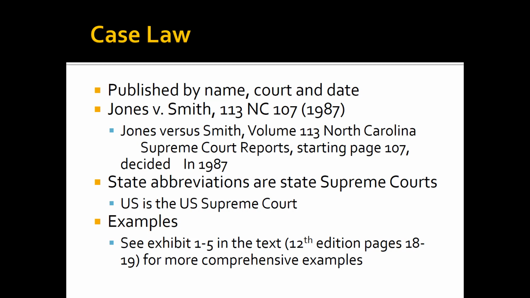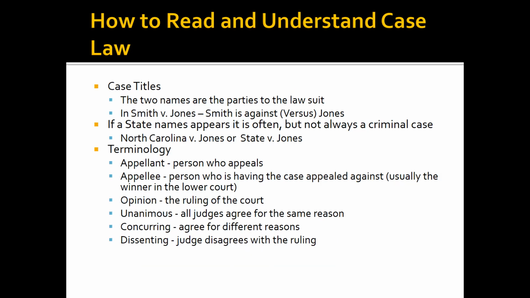Anytime you see the abbreviation of a state, NY, CA, AL, that means that's going to be that state Supreme Court. If you see just US, it means the US Supreme Court. So how do we read and understand these cases? Well, as I said, there's two, State versus Jones, Smith versus Jones.